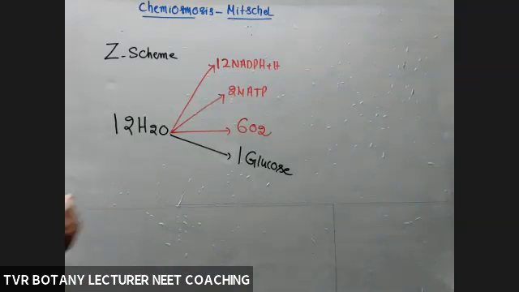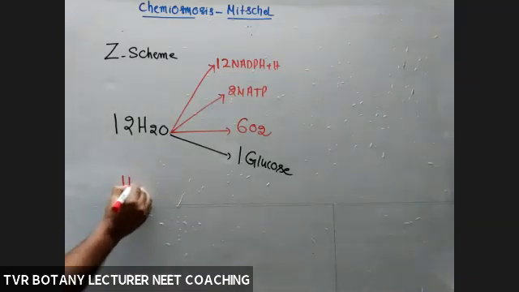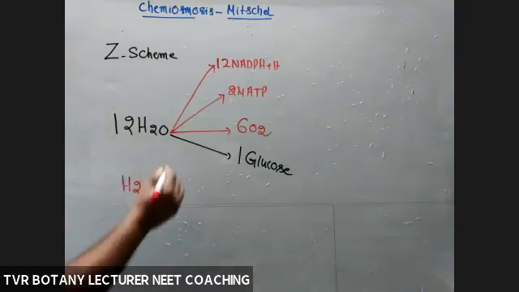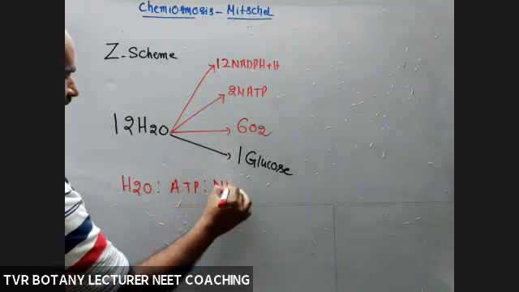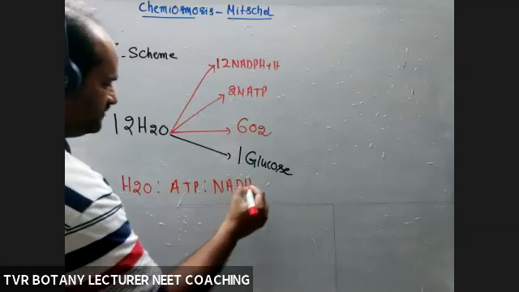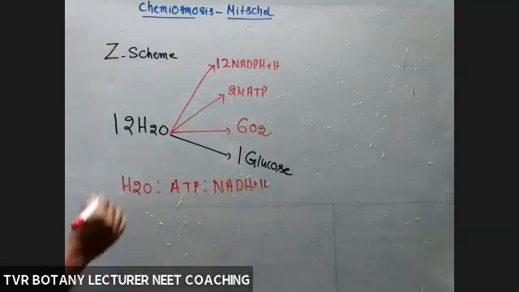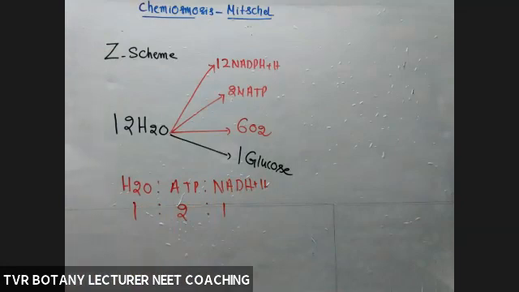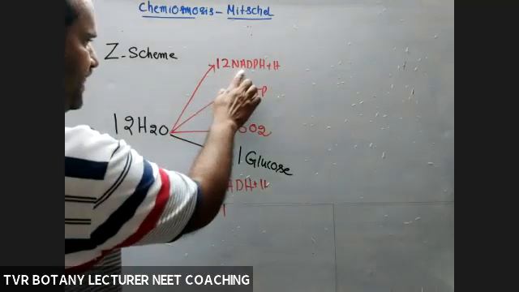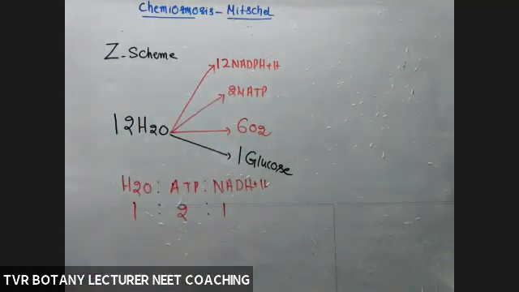Okay, so for one H2O molecule, the ratio of ATP and NADPH plus: here I'm taking one H2O, two ATP molecules, one NADPH plus. So the non-cyclic electron transport system, or Z scheme non-cyclic photophosphorylation, accounts for synthesis of NADPH and ATP also.